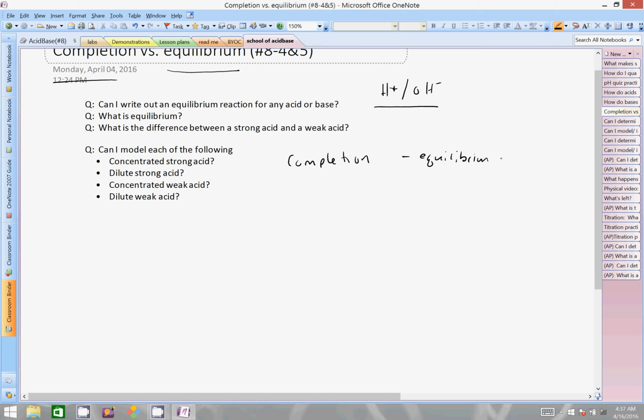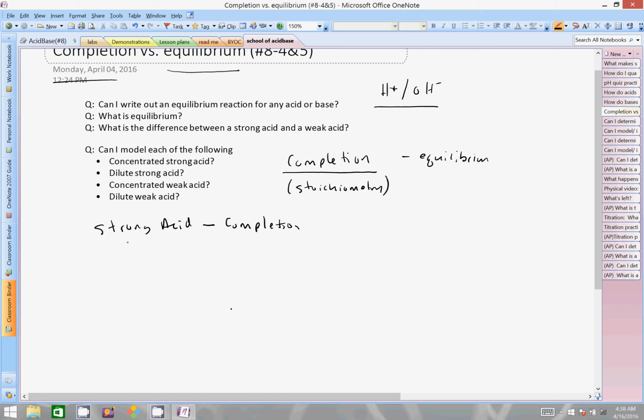Now, completion is another way of basically saying what you've been doing with stoichiometry. Okay, if I have, let's say, now I'm just going to throw this out there, a strong acid goes to what we call completion.